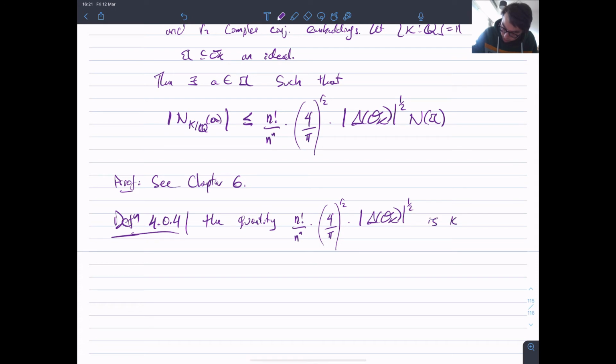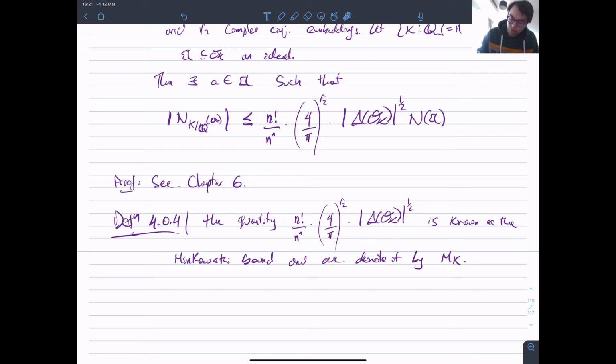This is known as the Minkowski bound, and we denote it by M_K. So for a number field of degree n, this quantity n factorial over n to the n, times 4 over pi to the number of complex conjugate embeddings, and the square root of the discriminant, is called the Minkowski bound.